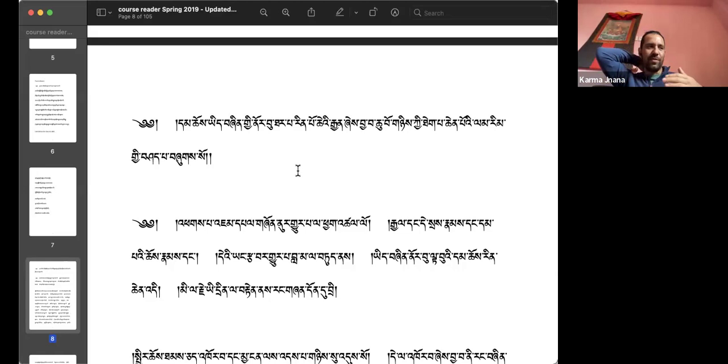Because this text was so amazing, everybody loved it. Everybody composed their own version. For example, Words of My Perfect Teacher, Kunsang Lame Shelung, is a Lamrim text based on Atisha's model. Tsongkhapa's Lamrim is the Gelugpa's Lamrim text. And there are three versions.